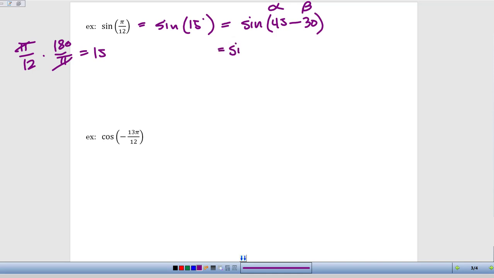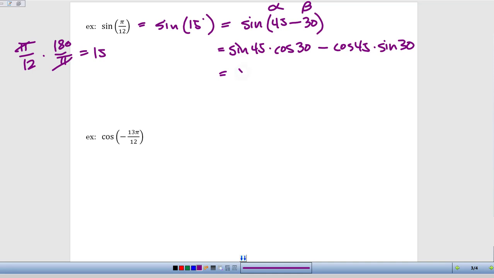So we've got sine of 45 times the cosine of 30 minus the cosine of 45 times the sine of 30. Just choosing from the correct formula up above in our notes. And so now I'm using my unit circle to find all of these ratios.